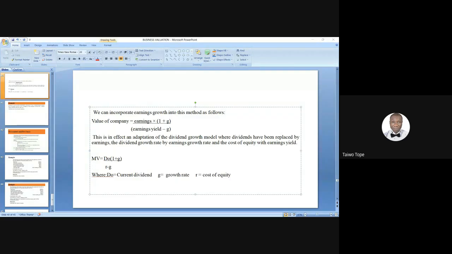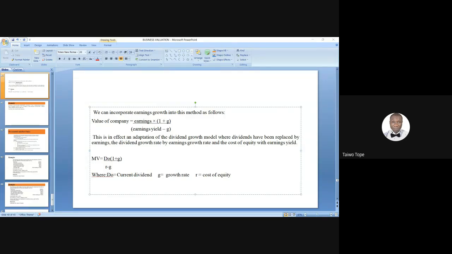There will be retained profit, used in the expansion of the business, and it will yield future returns. Who are the equity holders? The ordinary shareholders. So it is the ratio of the expected earnings to return on investment.